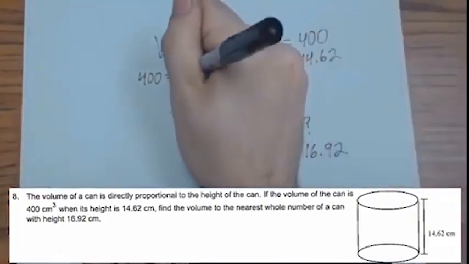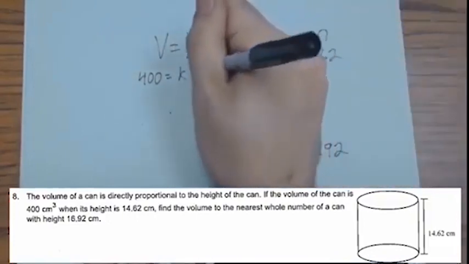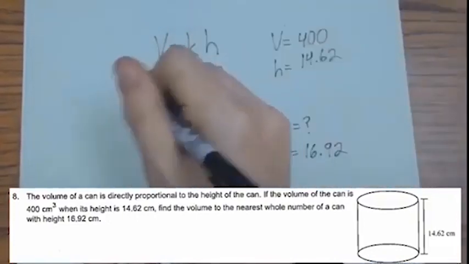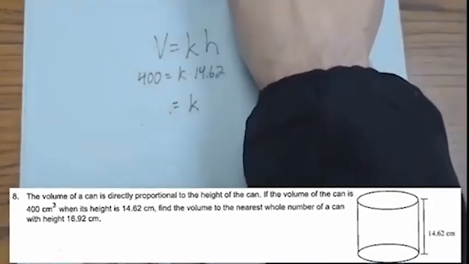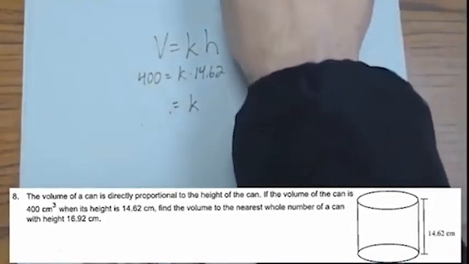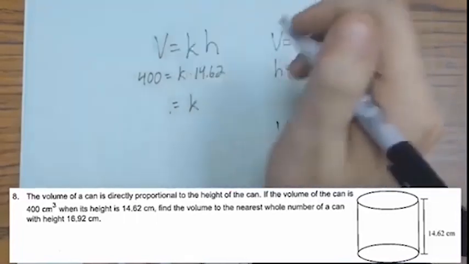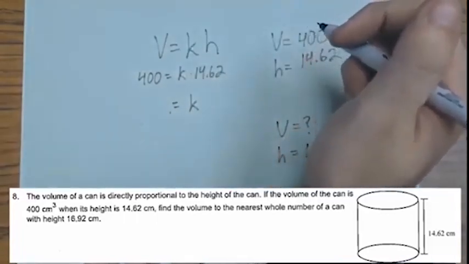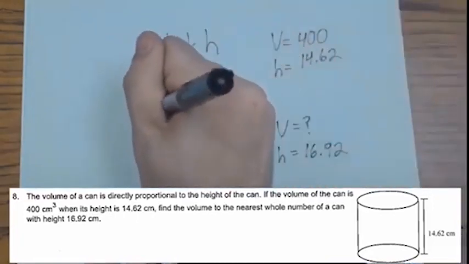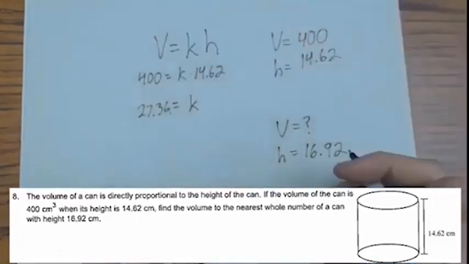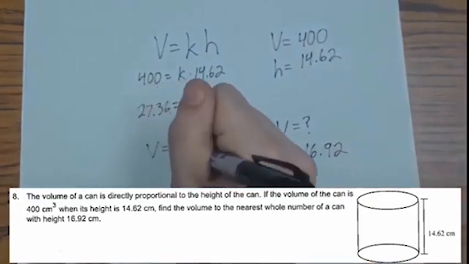V is 400, k times 14.62. Divide both sides by 14.62. 400 divided by 14.62 is 27.3597. So like 27.36. Plug that in for k.